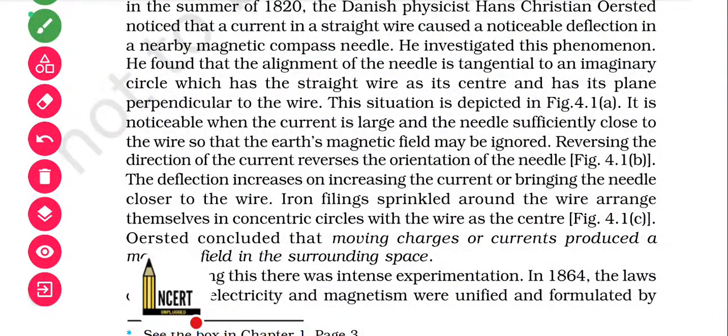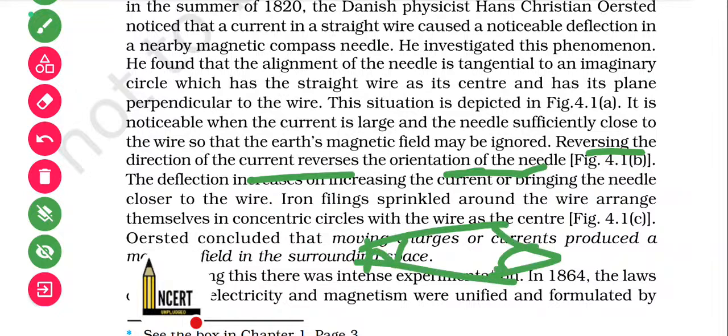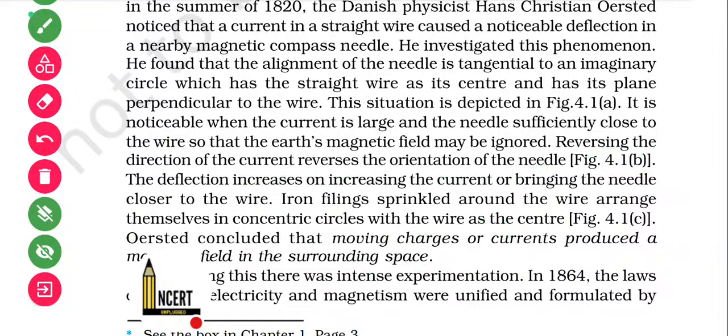Reversing the direction of the current reverses the orientation of the needle. If the deflection was like this, with north here and south there, when we reverse the current the deflection was opposite. So changing the direction of the current changes the orientation of the needle.